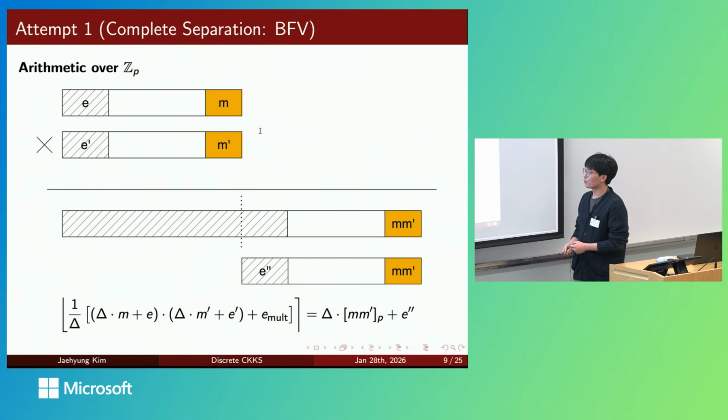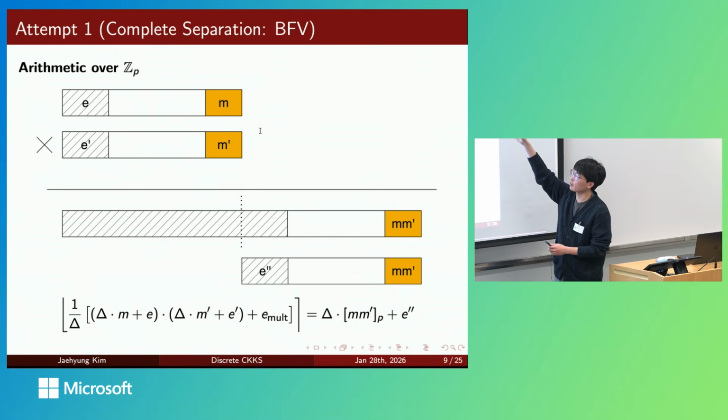Okay, so the first and natural attempt is to completely separate message and error. This can also be called the BFV scheme. And this attempt enables arithmetic over Z_p for a smaller modulus p, so this enables modulo p arithmetic, and I'm going to explain how this works.